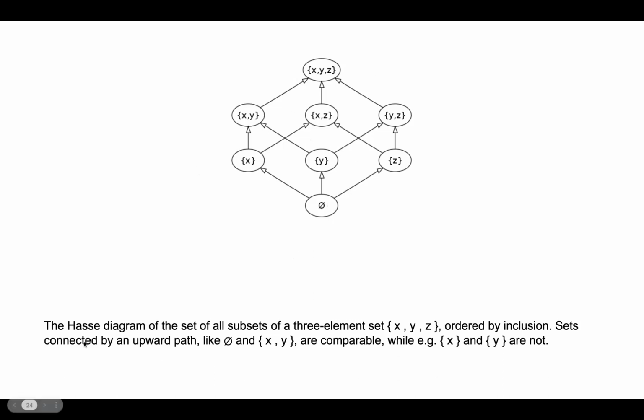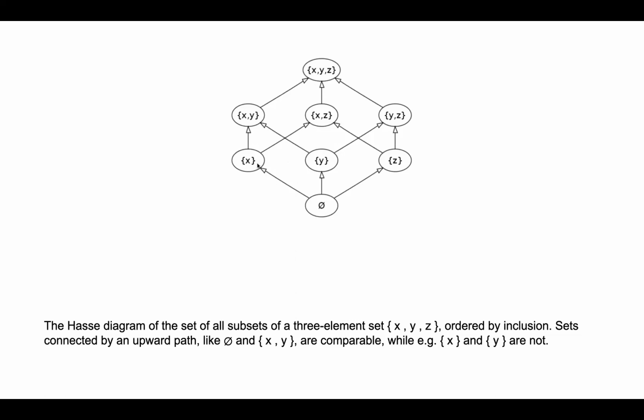We can see here the Hasse diagram of the set of all subsets of the 3-element set X, Y, Z ordered by inclusion. Sets connected by an upward path, like phi and XY, are comparable, while X and Y are not. Phi and XY are comparable. But X and Y are not.